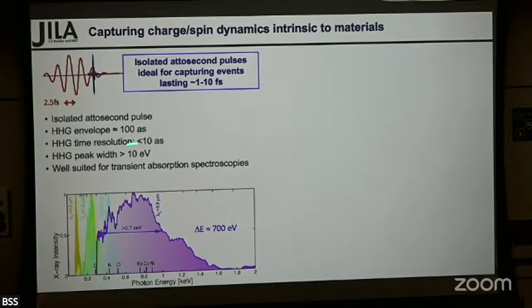This is because the bandwidth is broad. You can certainly send it through a material and probe the chemical shift or the magnetic or other signals. So it's well suited for transient absorption spectroscopies. And while they can probe transitions, you have to be very careful about how you do it.